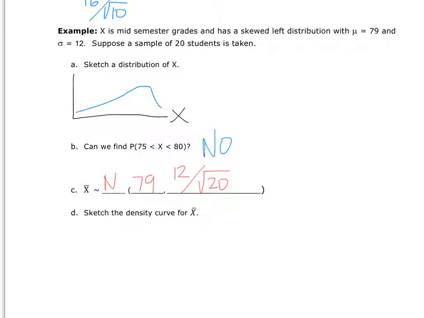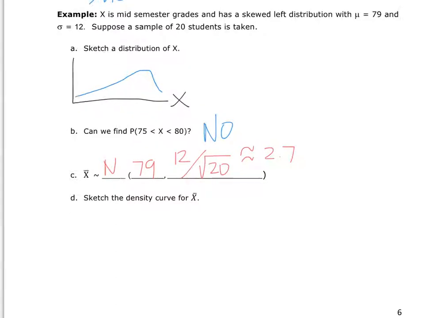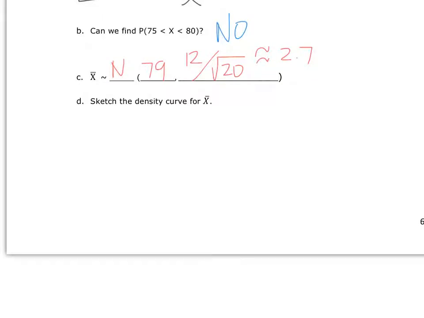So that is approximately 2.7. Sketch a density curve for X bar. It is normal, so we know that it's going to have that normal shape with a mean of 79.